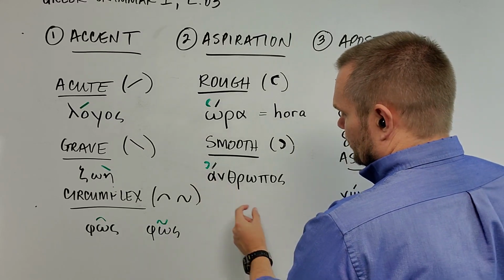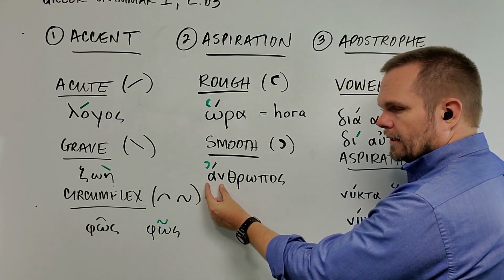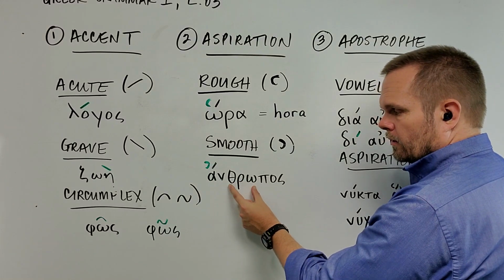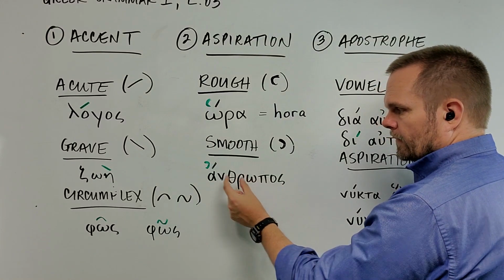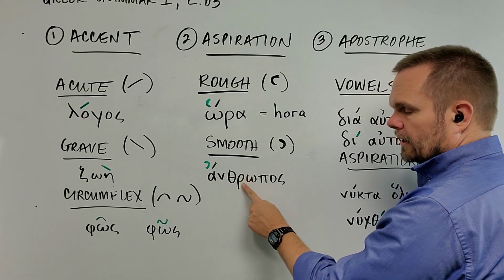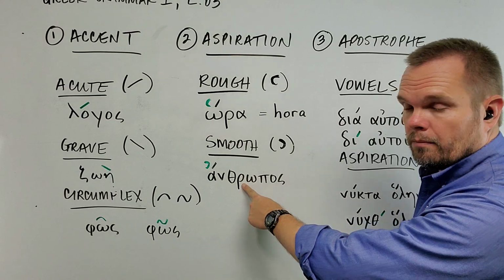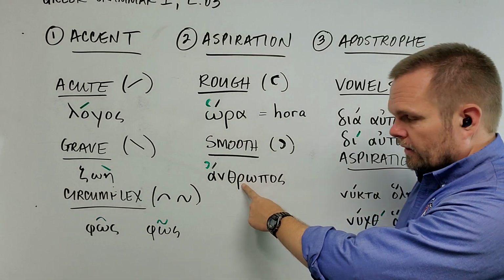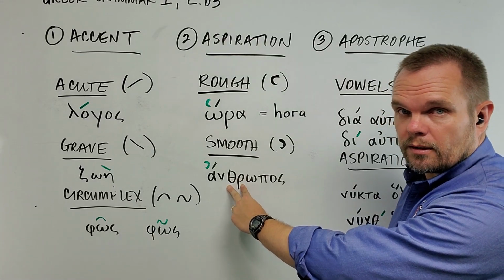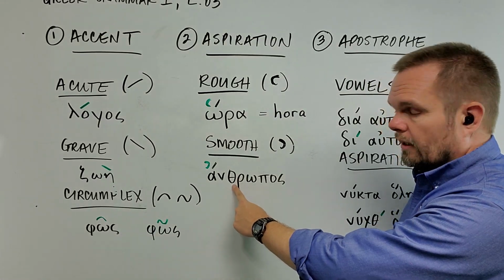If we break this into syllables, we have an, thro, pos. Anthropos. Notice that the letter ro, remember, is a liquid, and here it is forming a blended compound consonant with the consonant theta.